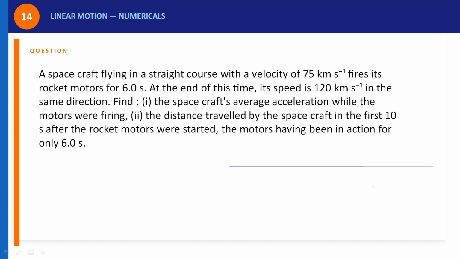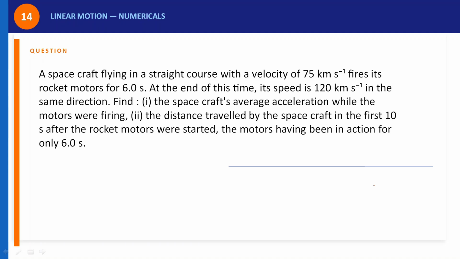Question number 14. A spacecraft flying in a straight course with a velocity of 75 meter per second fires its rocket motor for 6 seconds. At the end of this time, its speed is 120 kilometer per second in the same direction.